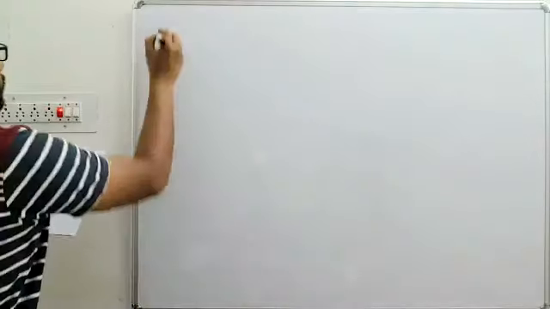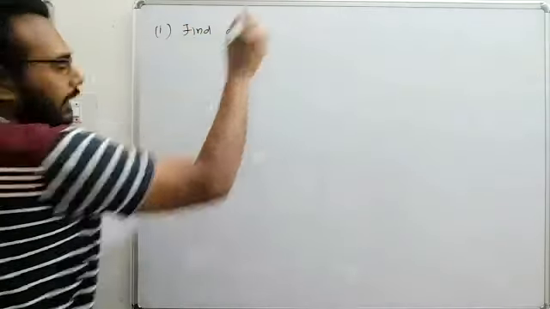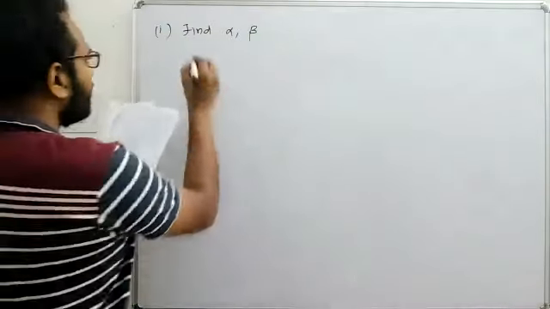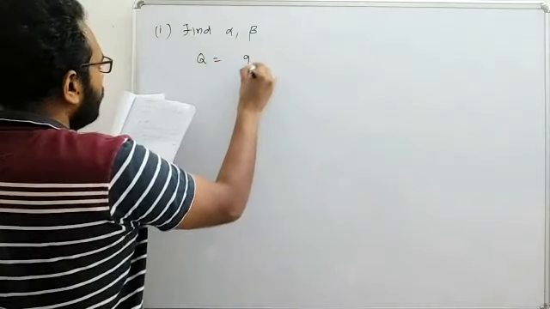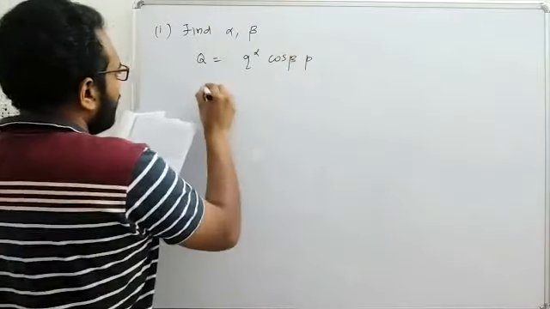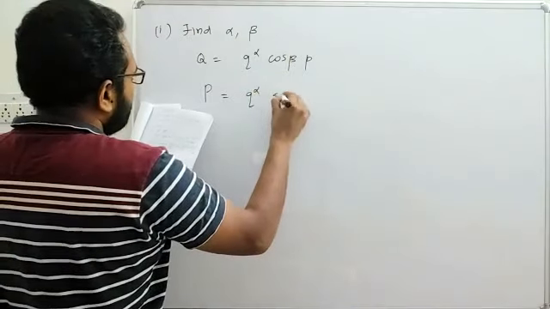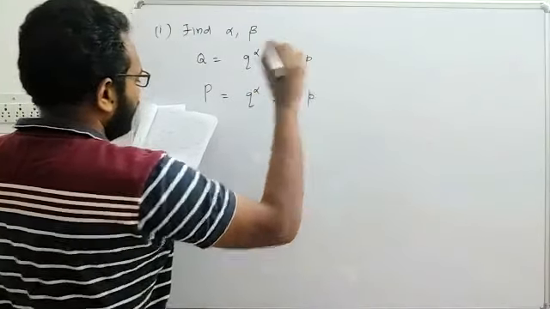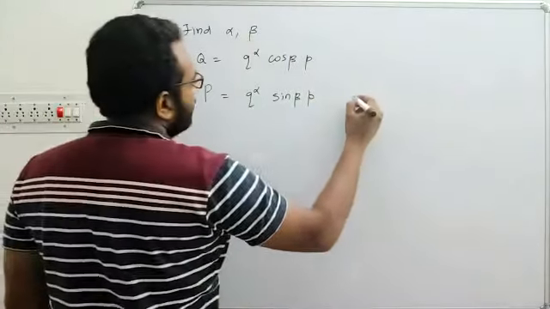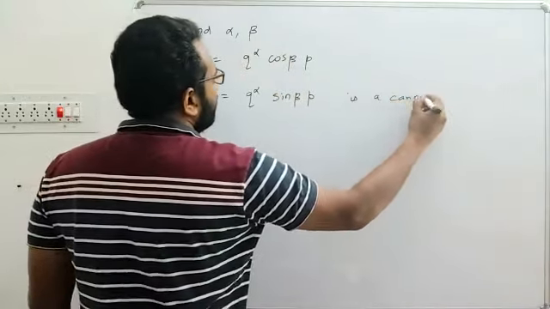So the first problem: find alpha and beta if the transformation Q is equal to q raised to alpha cos beta p, and capital P is equal to q raised to alpha sin beta p, is a canonical transformation.